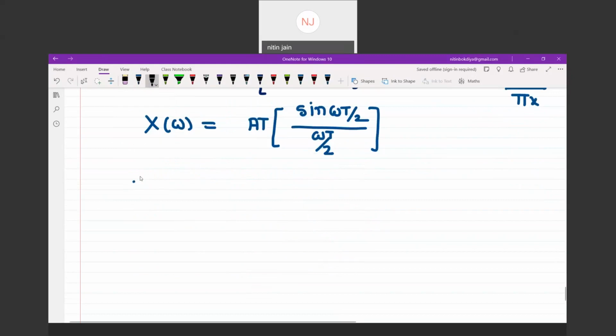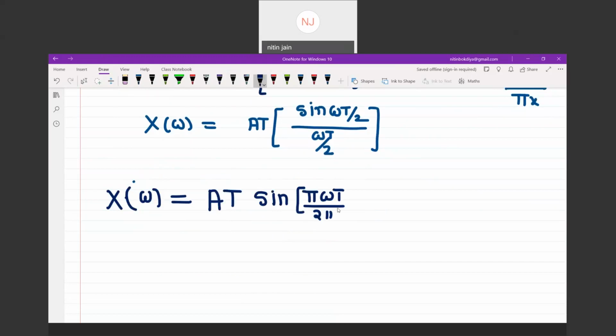You can write X of omega equal to A into T sine of pi omega T divided by 2 pi, whole divided by pi omega T divided by pi.